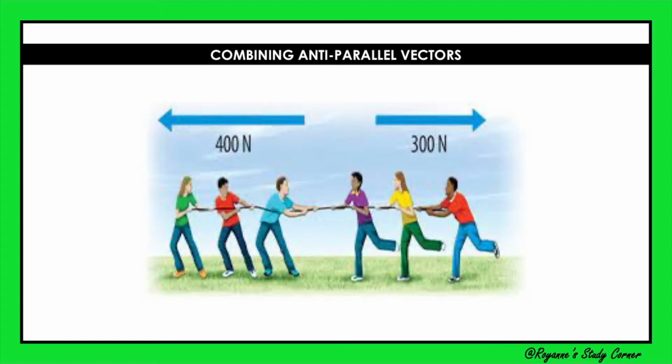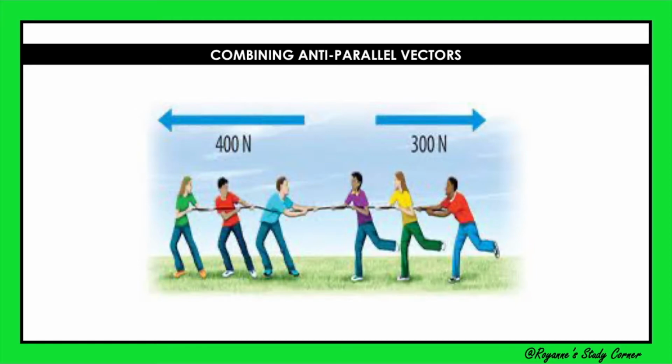Now, what about when they aren't acting in the same direction? What do we do then? If they aren't acting in the same direction, it's very similar, but we add that additional step of factoring in the direction.